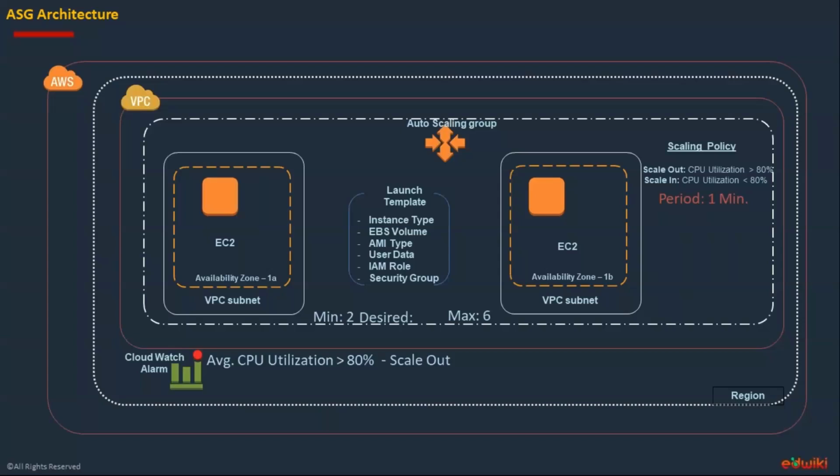So auto scaling will update the desired count from 2 to 3. Then it will try to create one more EC2 server from the launch template. It will get the details from the launch template to know how the server has to be created, and then it creates a server for you.